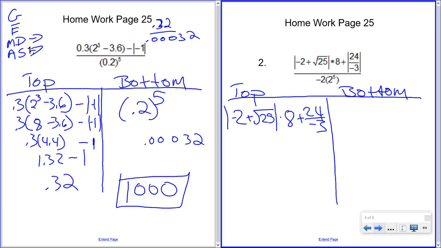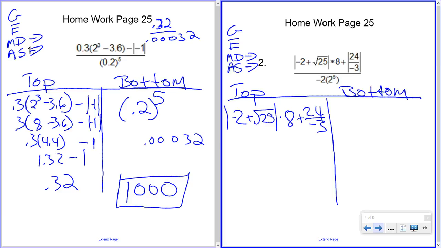The first thing we're going to do is take care of our grouping. Do we see a grouping? I see a grouping: -2 plus the square root of 25. Well, do you see a grouping inside that grouping? Yes. You must always do groupings, exponents, multiplication, division from left to right, addition, subtraction from left to right.